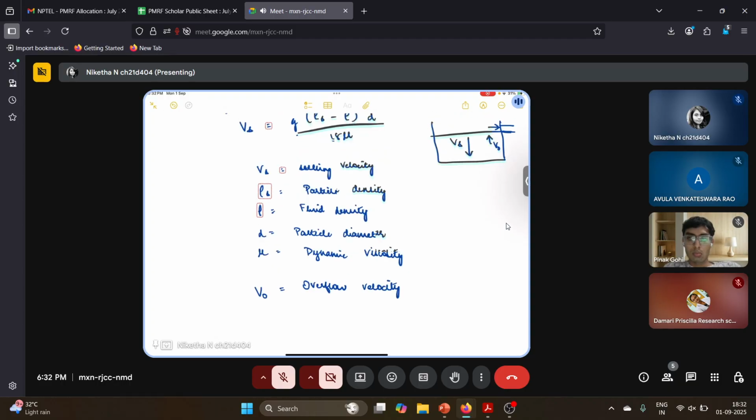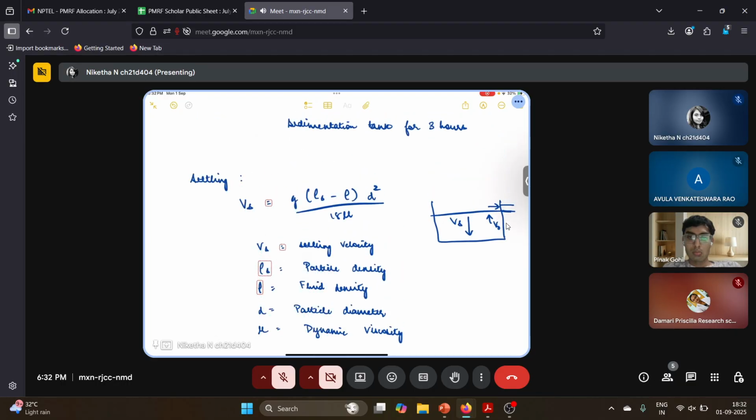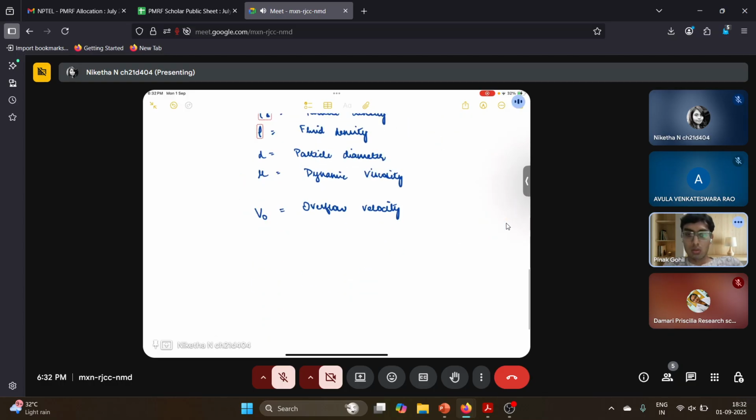So these two are in opposite directions. Now the settling will happen under what circumstance? If you have a particle that you want to settle, then which velocity should be higher? I think settling velocity should be higher to get the particles settled down quickly.